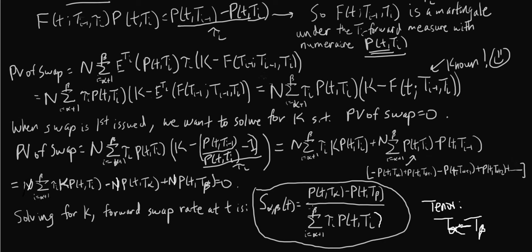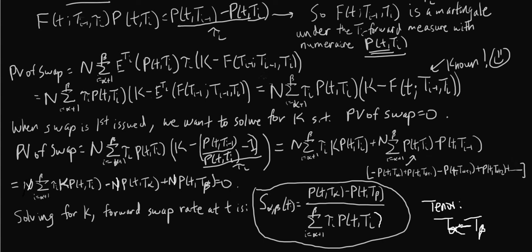The key takeaway here, though, is that this fair swap rate is going to change at each future time t. Because if you go to the next day, the zero coupon bond prices will look different because you're in a different yield term environment. So what you'll lead into in the future is that this swap rate can also be modeled as a future unknown rate, and that leads to all sorts of other pricing work dealing with swaptions and more exotic interest rate derivatives.